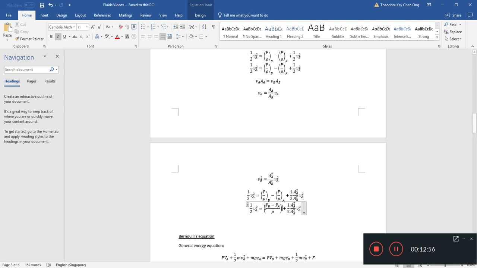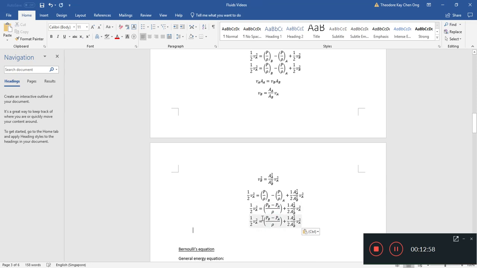Now I'm going to bring this to the other side. We have a minus sign here, so I will just change this and this. I'm going to subtract both sides by this as well.